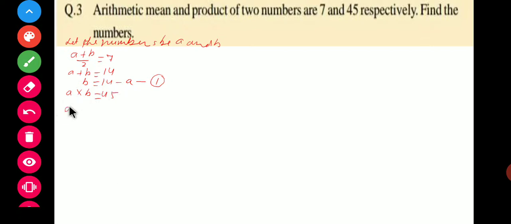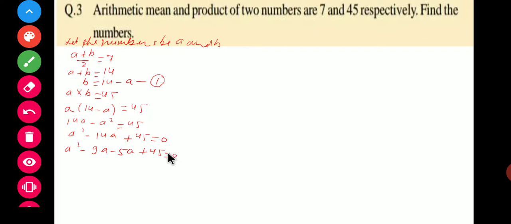So A into (14 minus A) is equal to 45. So it is 14A minus A square is equal to 45. Now arrange in sequence: A square minus 14A plus 45 equals 0. Do the factors. Our factors are 9 and 5. So A square minus 9A minus 5A plus 45 equals 0.